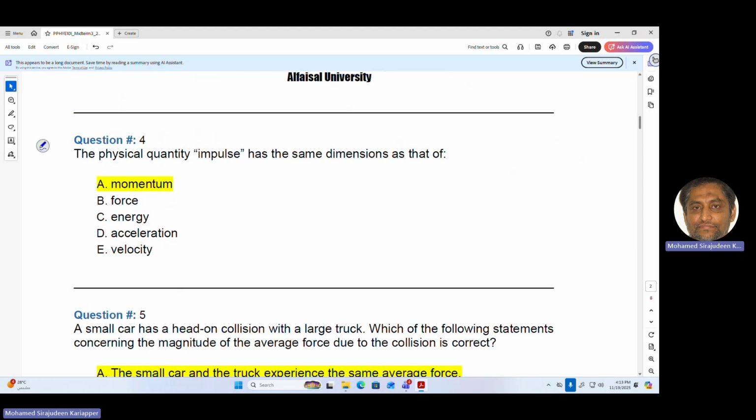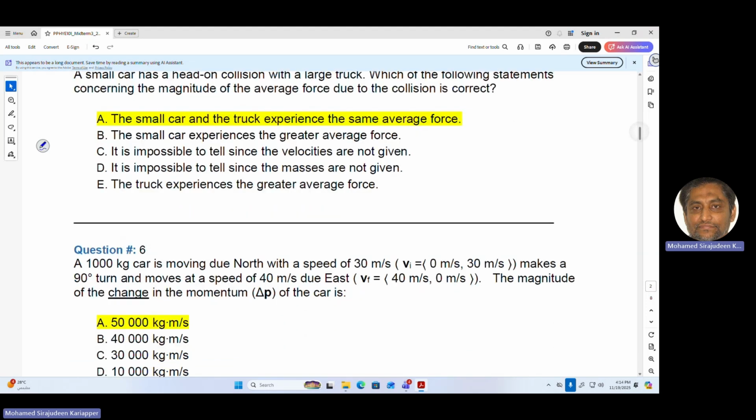Now this question you already know the answer, because while we were discussing number 2, this is more or less the same question. He's asking what physical impulse has the same dimension as that of momentum. We just discussed that. You know it from the impulse momentum theorem.